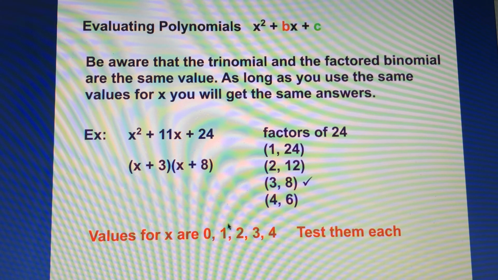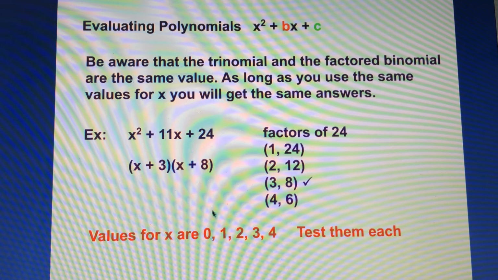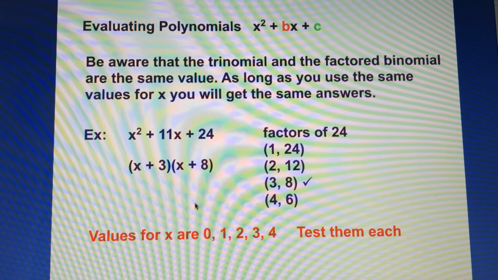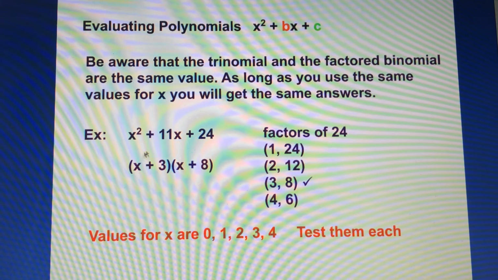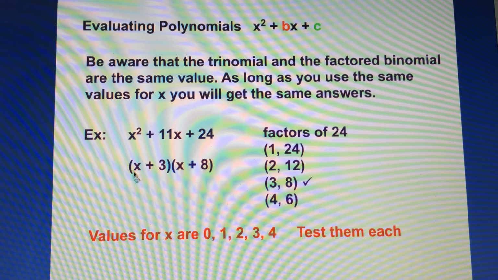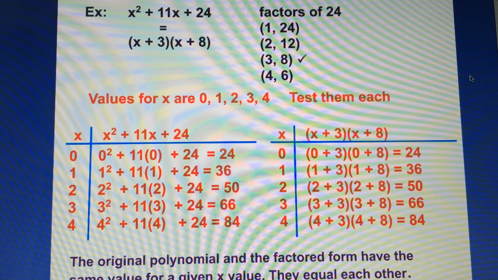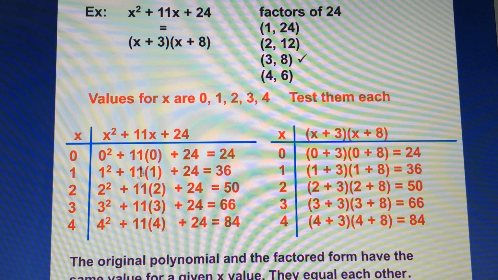I can replace x with 1. You will see on the quiz that I gave you, there is a question just like this. It was already done for you on the quiz, but take a look at it and make sure that you understand that all we're doing is substituting in values for x and solving both sides. So I am proving to you that when x is 0, I do the trinomial, I get 24.